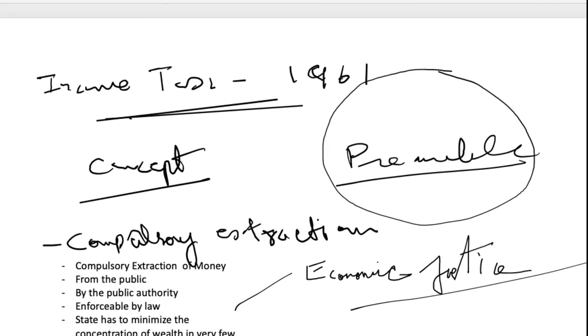The state has to ensure economic justice in the land. Economic justice is one of the main tasks to make a welfare state. Imposition of tax is unavoidable since it is the only source of revenue for the state, or the government.